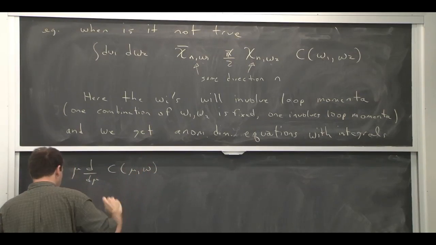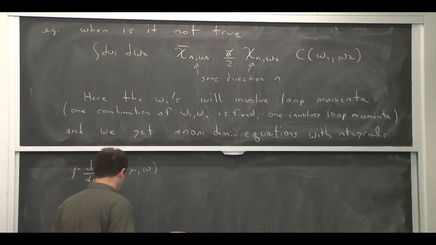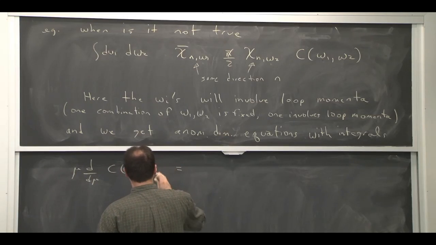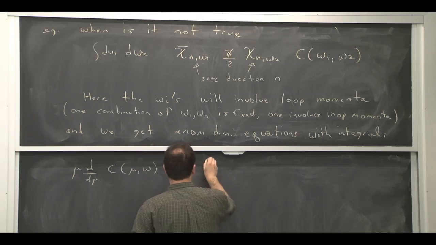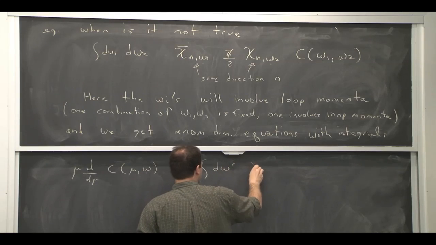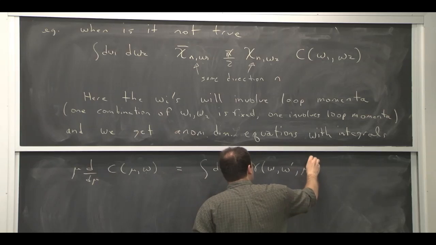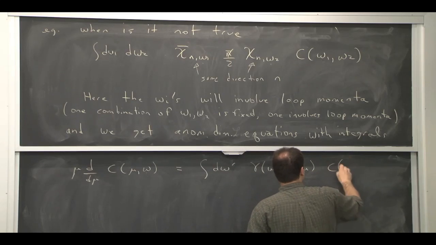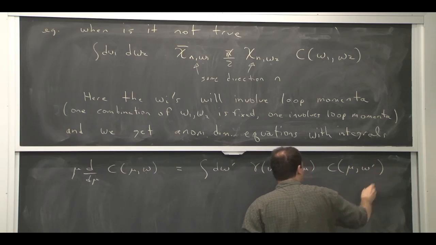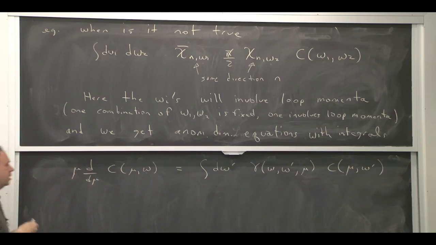So for the one momentum that's not fixed, so in general there's two, and this is the one that's not fixed, we would get an equation that looks like this. Rather than the simple product form, there'd be an integral on the right-hand side.